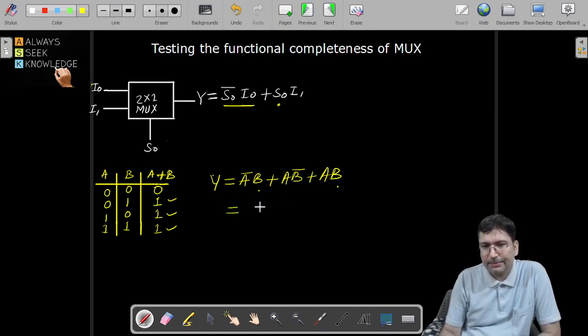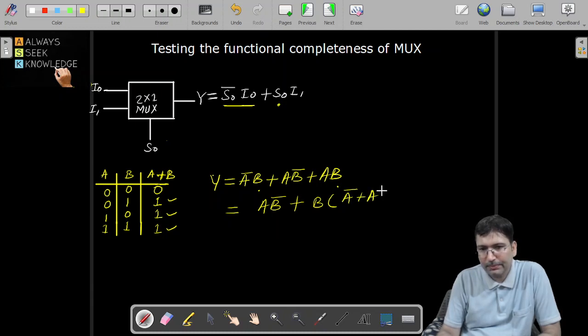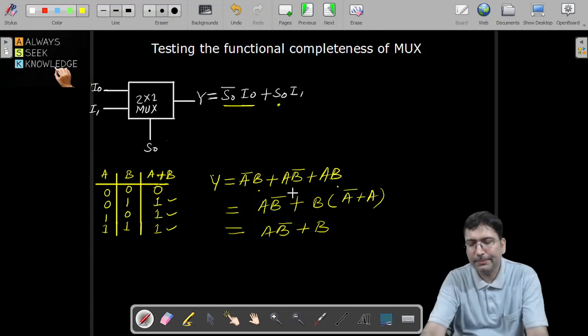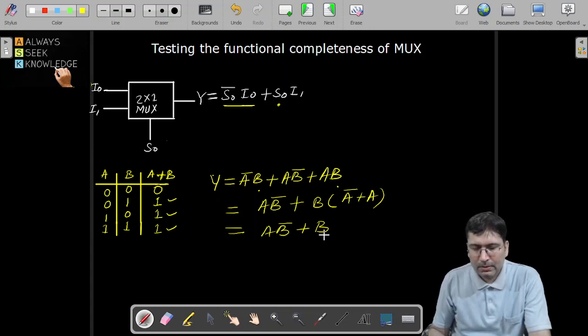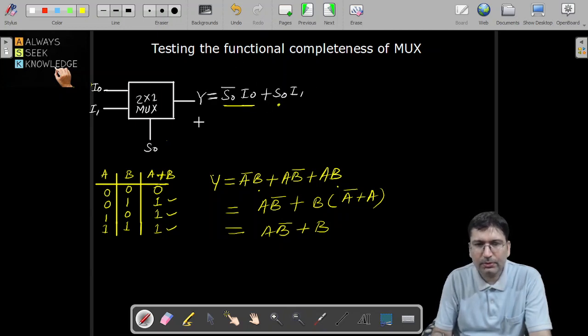If you take it, then let's say this term is left. So I'm writing A B bar plus, here it will become B times A bar plus A. So it will become A B bar plus B, right? This thing we need to compare with the function of the mux.